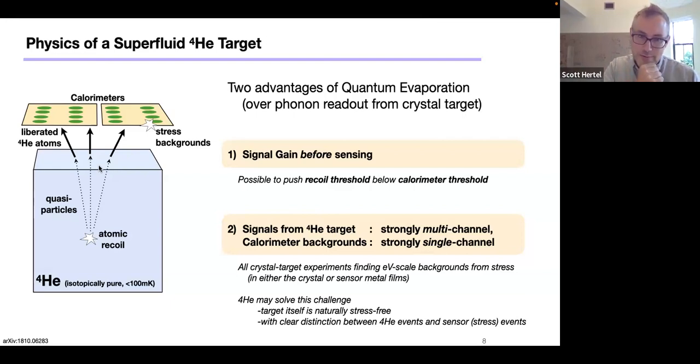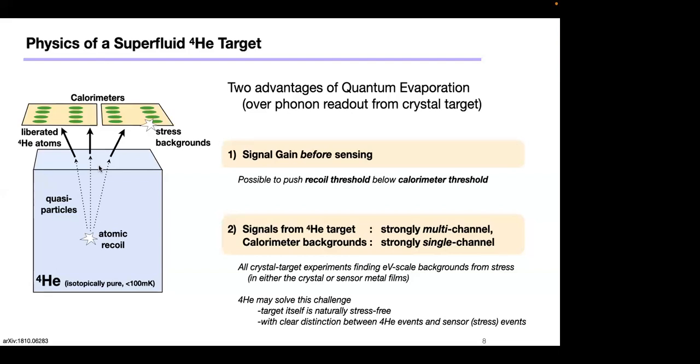So we'll have 2 calorimeters next run, and it'll be very exciting to see what these low energy signals look like, including, to the previous question, what things at 10 eV look like when you have 2 channels looking at them. That might be an important way to suppress low energy backgrounds.